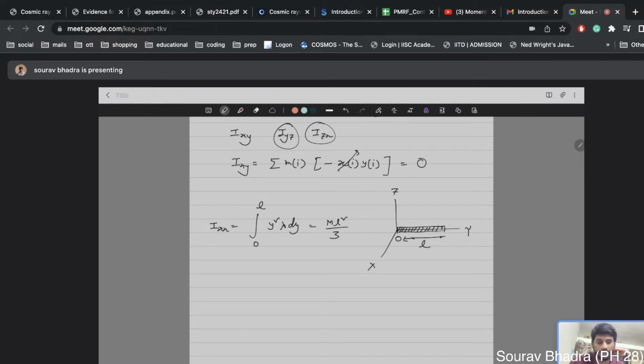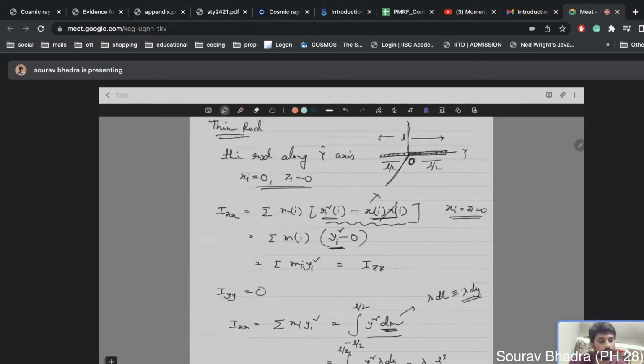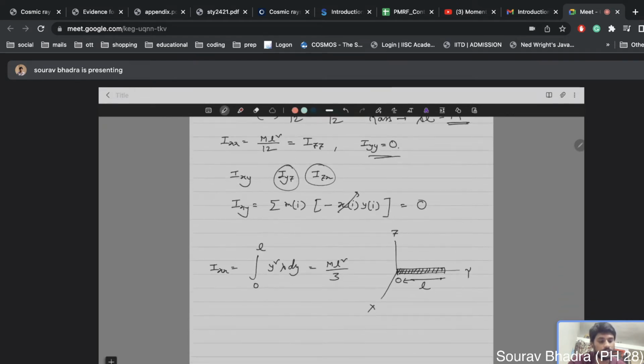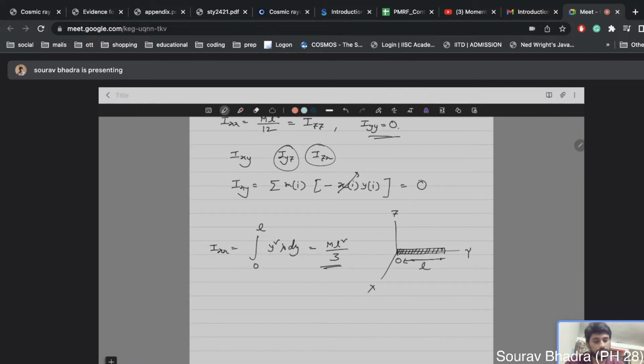If your origin is at the center of mass, which was in the previous case, you get ml square by 12. But where the origin is not at the center of mass, but has shifted to the edge of the rod, then you will get a different value, which is ml square by 3. Okay, so this is the difference.